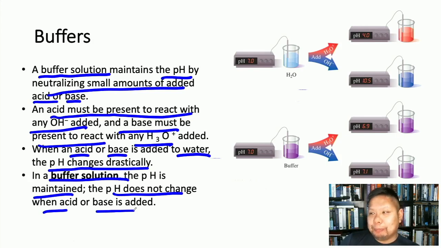So buffers are normally used to make a buffer. You normally use the conjugate base salt of a weak acid, right? So for example, you can use carbonate, right? The reason I bring up carbonate is because I would be remiss in my duties if I didn't mention some kind of health related thing when it comes to buffer solutions. Your body regulates your blood's pH by using the carbonic acid bicarbonate buffering system, right?